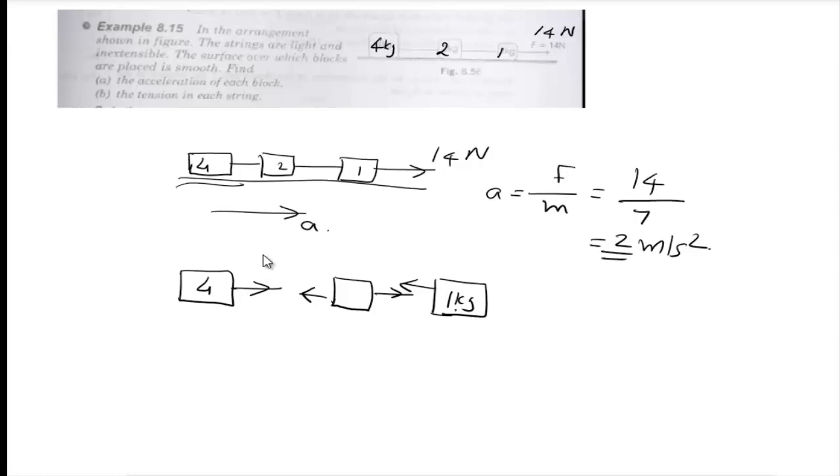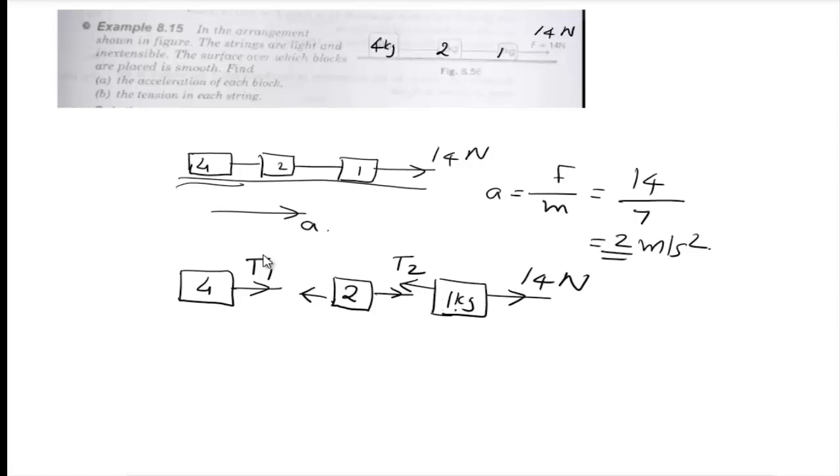Here the tension given by 4 kilogram to 2 kilogram, I am calling T1, and the tension given by 1 kilogram to 2 kilogram, I am calling T2. Because these masses are different, the values won't be the same. Here we are applying a 14 Newton force to the 1 kilogram.